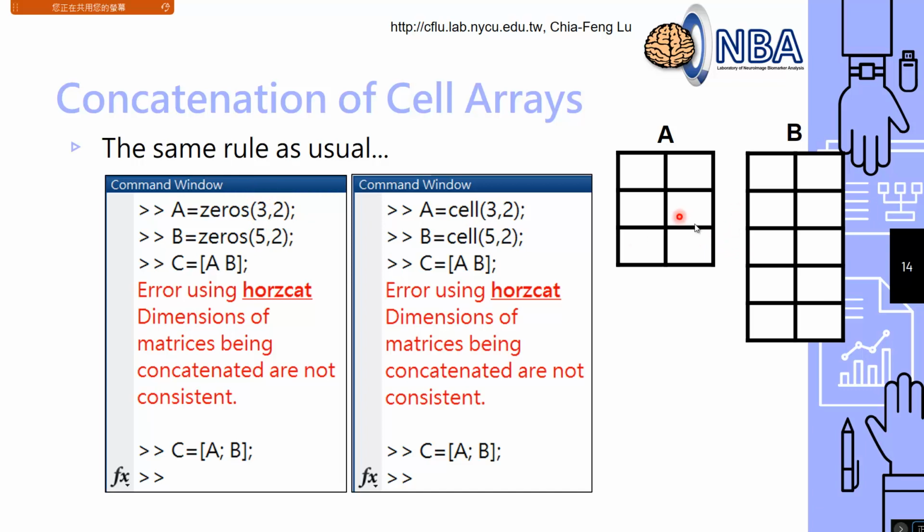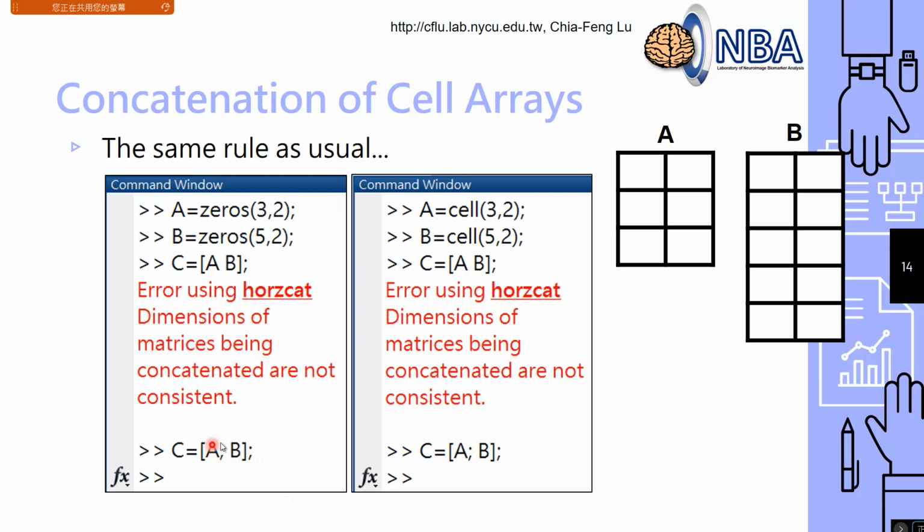So there's no way to put a 3 by 2 array, this is A, with the 5 by 2 B array using this kind of horizontal concatenation because they have different numbers of rows, right? So you will see the error message.